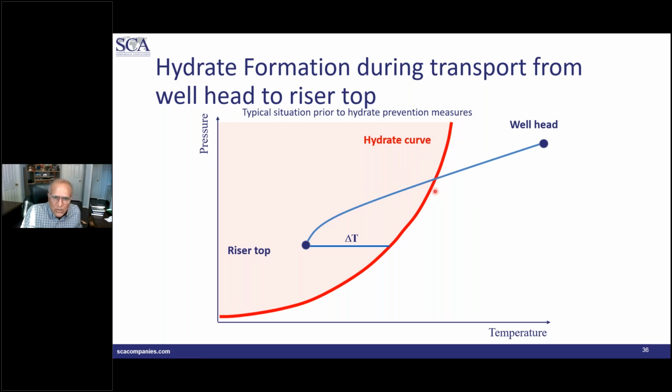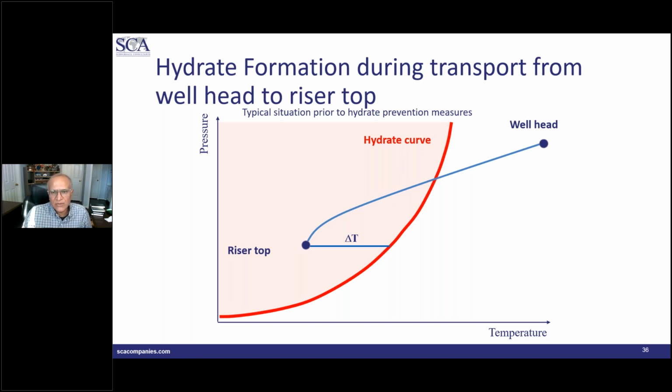What happens when you have liquid in the line and all of a sudden you are in a specific pressure and temperature area where hydrates are likely to form? If you do not know, hydrates can plug your flow lines and can disrupt the production. So some of these considerations, which you will not see when you're working in the Permian, are of paramount importance in deep water Gulf of Mexico type of development.